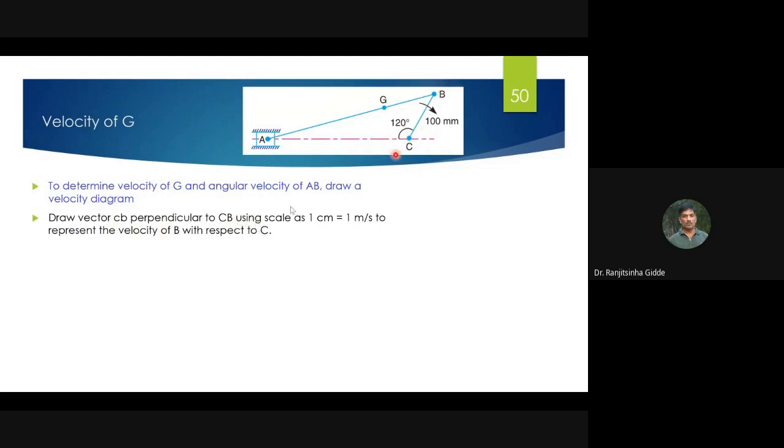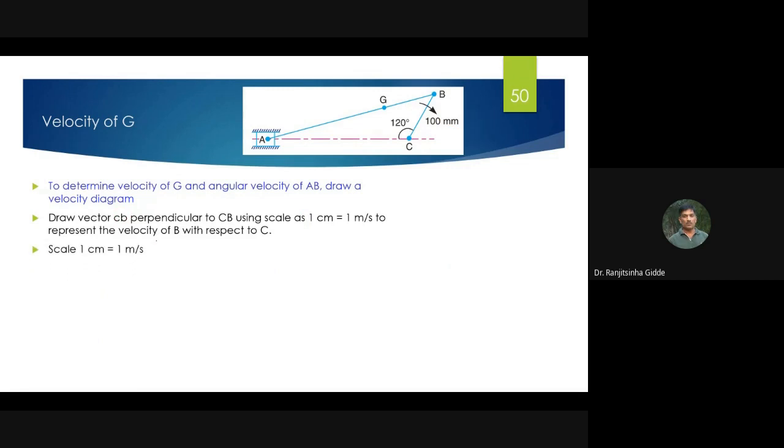I have already told you a number of times, such a perpendicular line. So we have drawn one perpendicular line which represents this vector CB. Then we have drawn another perpendicular line and one line parallel to this. This becomes our velocity diagram.